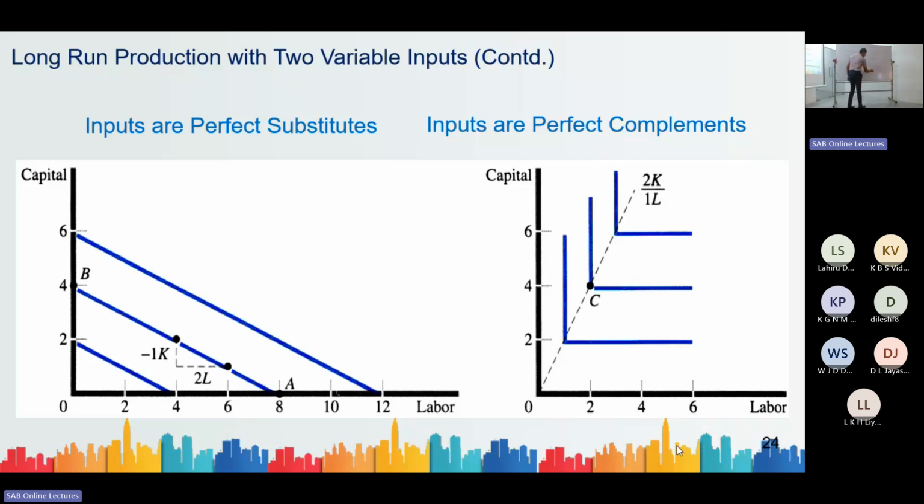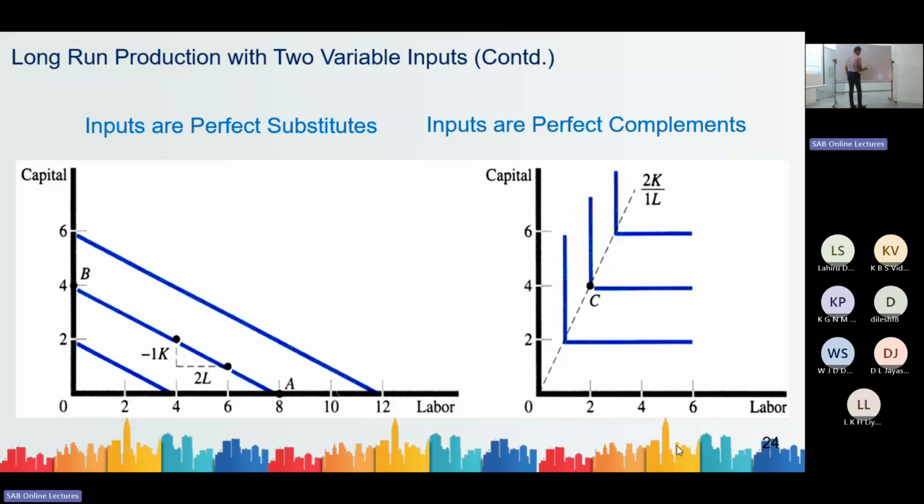To produce 1 kilogram of potato chips, we can use 1 kilogram of imported potato or 1 kilogram of local potato or any combination of these. To produce 2 kilograms, how to show the isoquant curve?